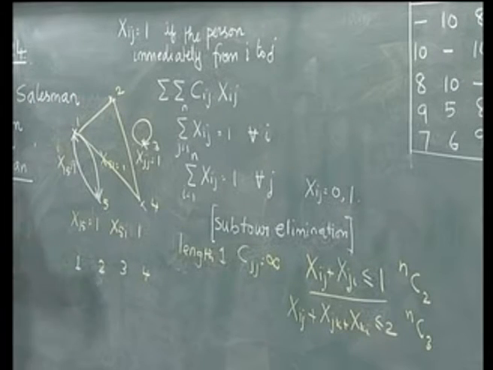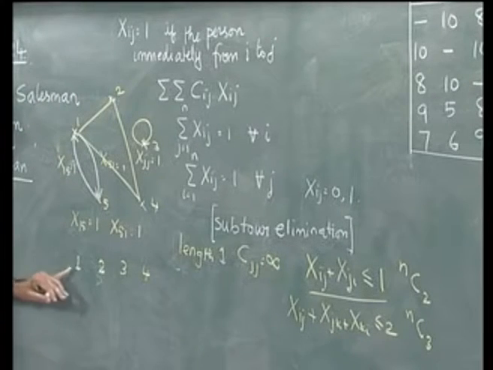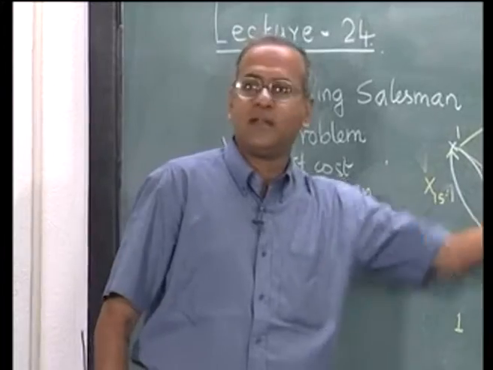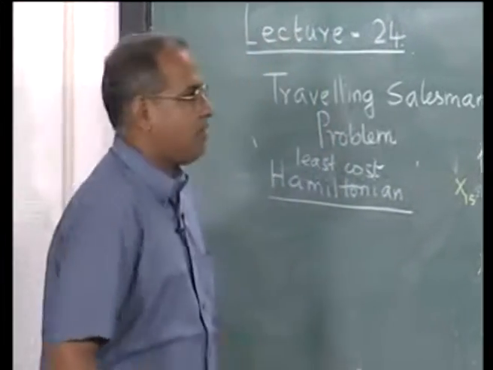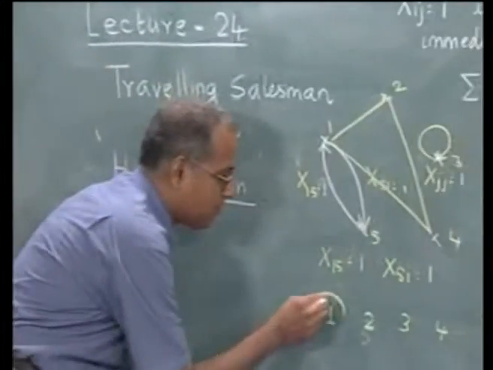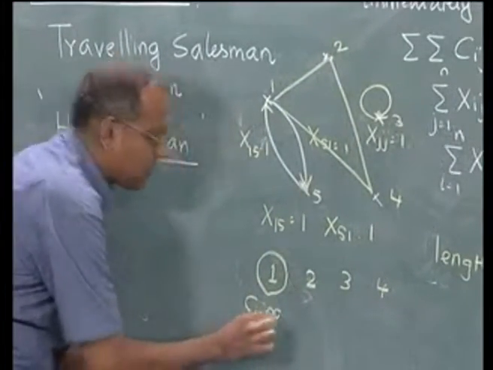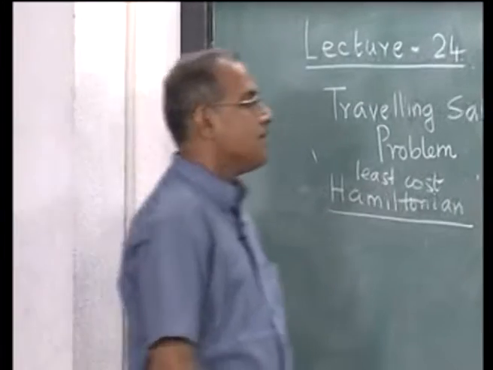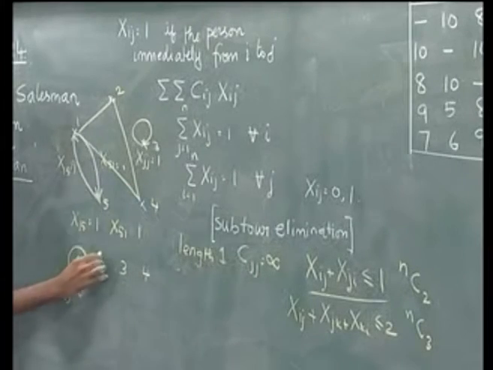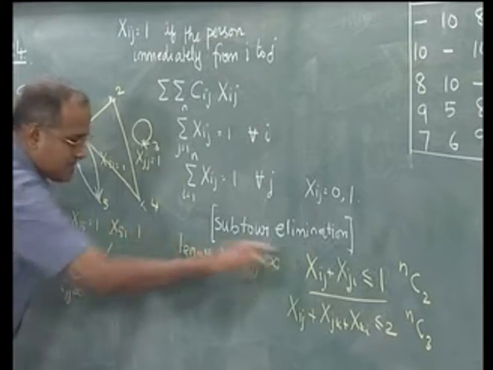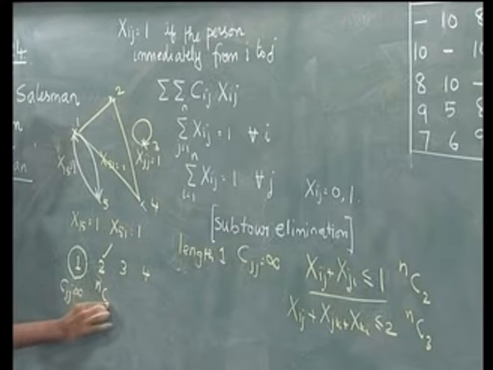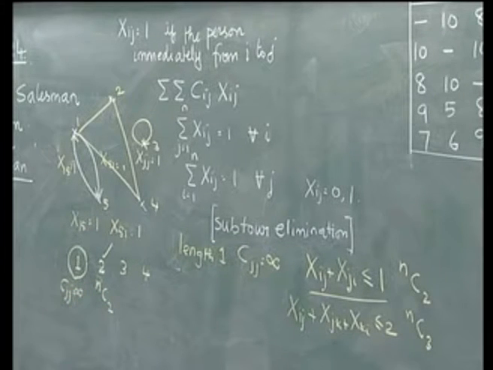If we were solving a 10 city problem, then we have to eliminate 1, 2, 3, 4 up to 9. Now, we have already eliminated subtours of length 1 by putting Cjj equal to infinity. Now, we should eliminate subtours of length 2 by adding this constraint, which is the nC2 constraints that we add.